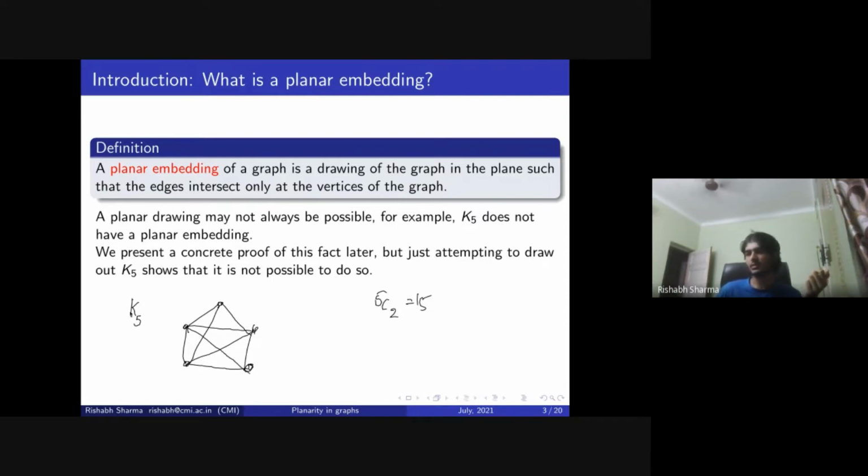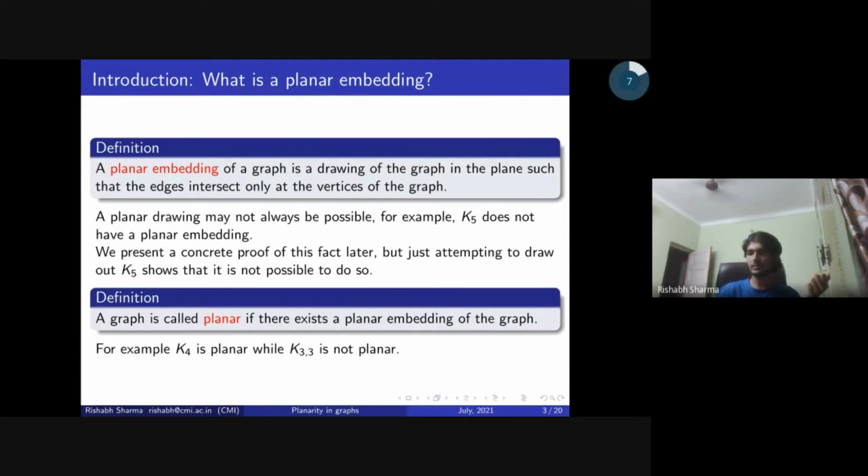It's also called the complete graph on 5 vertices. You can try to draw it out on the plane, and you'll see that no matter how you draw it, there will always be some intersection. We'll try to prove this fact later in a more rigorous way, but even if you just try to draw it, you can see intuitively why it doesn't work.